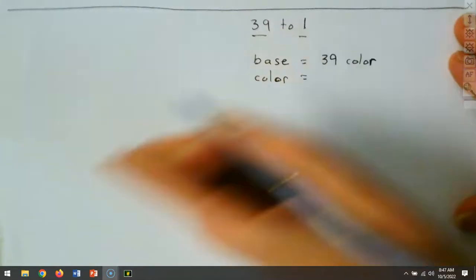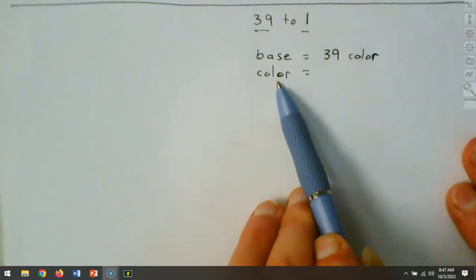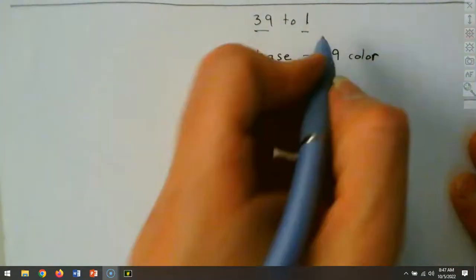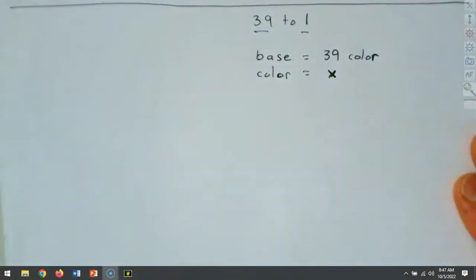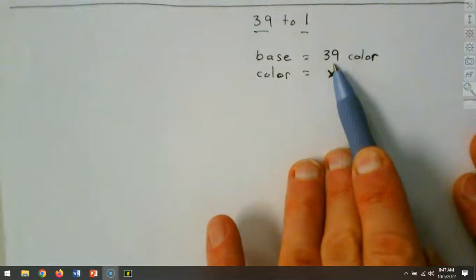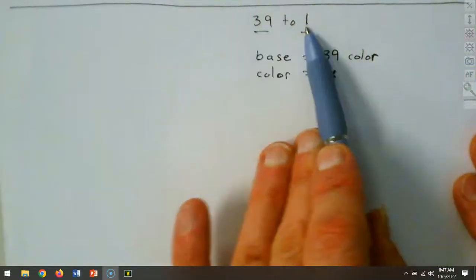Because we know if we have the base and we have the color, we don't know how much color we have, so we're going to replace that with an X. But how does the base relate to the color? There is a lot more of the base, right? It's 39 times more base than the color. So that's why it's going to be a 39-to-1 ratio.